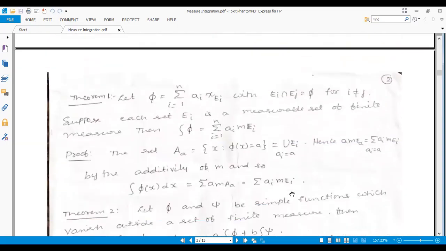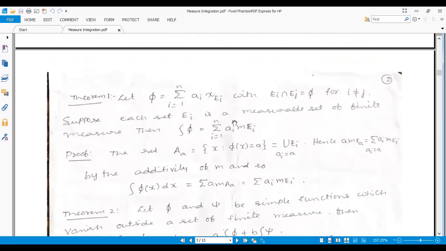Now we move on to theorems. Let phi be equal to summation i running from 1 to n of ai into chi Ei, with Ei intersection Ej equal to empty for i not equal to j. Suppose each Ei is a measurable set of finite measure. Then integral of phi is equal to summation i running from 1 to n of ai into measure of Ei.